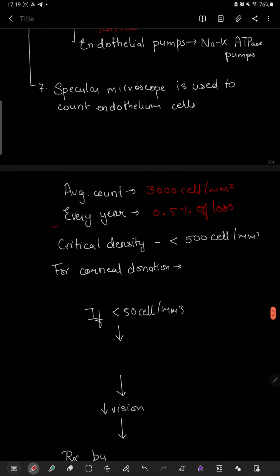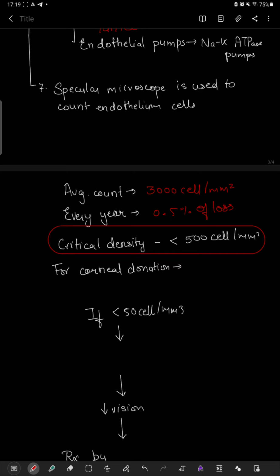The critical density is less than 500 cells. What is the critical density? If the number of cells goes below this level, the person will start having loss of vision due to the irreversible corneal edema.